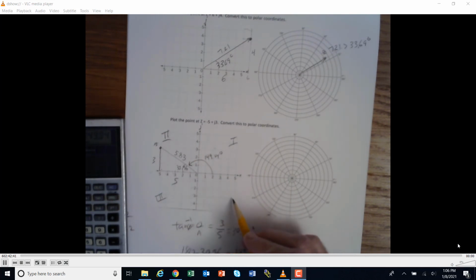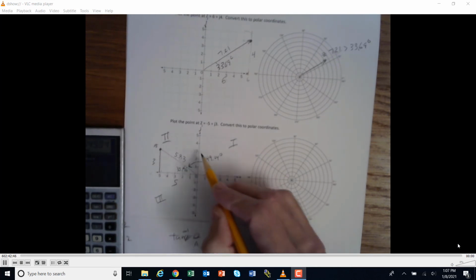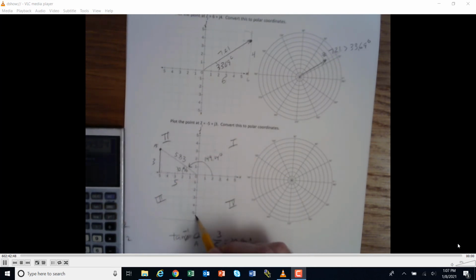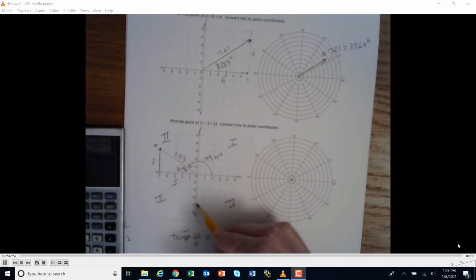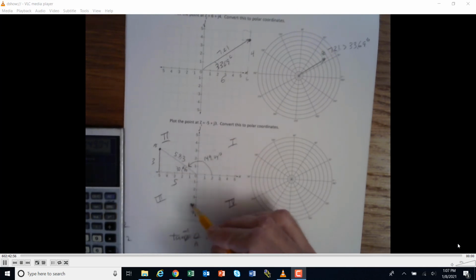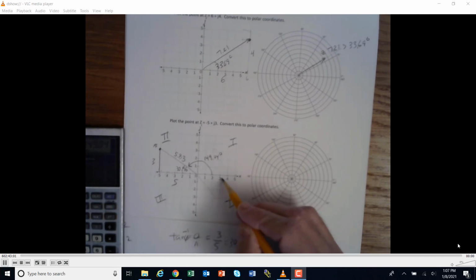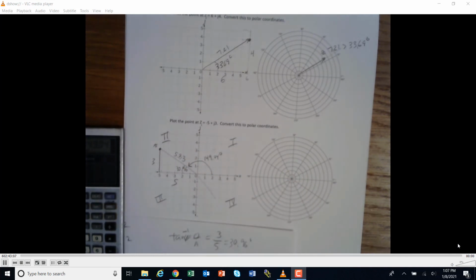And then quadrant 4, this is 270 degrees here. This is 0, 90, 180, 270. So your angle would have to be adjusted by adding 270 degrees onto that to get the angle from 0, or it could be a negative angle from 360. You know, it could be minus 30, or it could be 330, something like that. So keep in mind that your angle has to be adjusted.